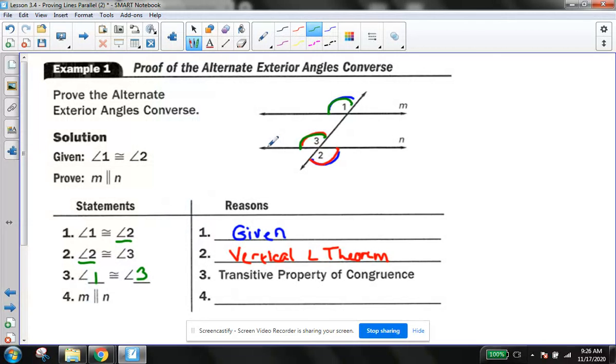And if I look very carefully, angle 1 and angle 3 are corresponding angles with one another. Because I have corresponding angles, the converse of that says that I can say that line M is now parallel with line N. And I'm going to put those arrows on there to show that the lines are parallel with one another.